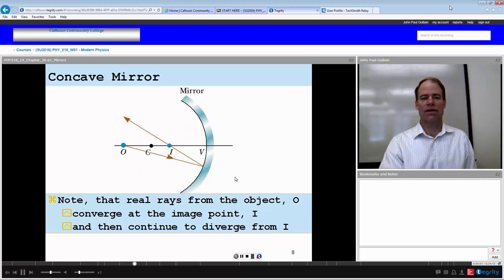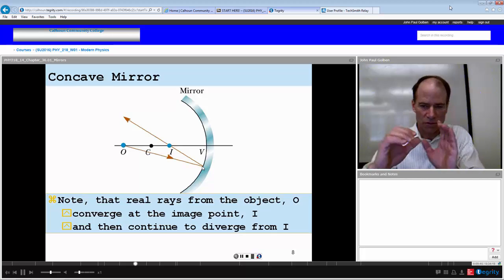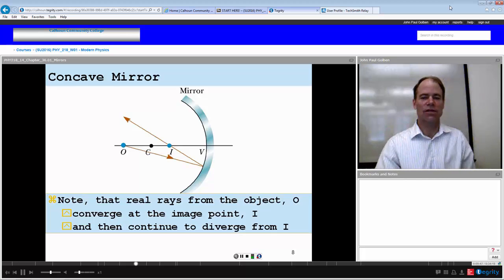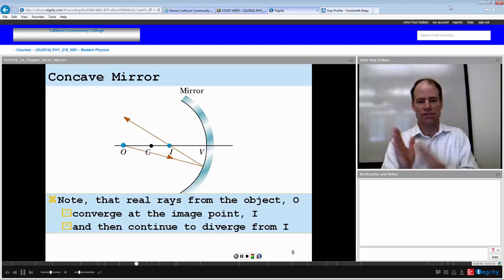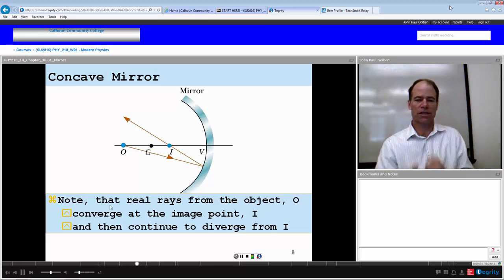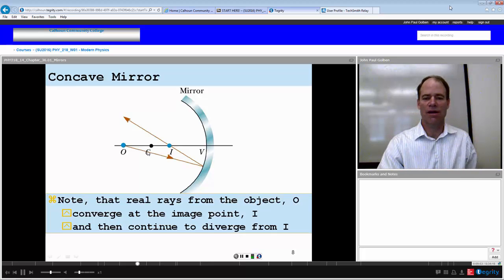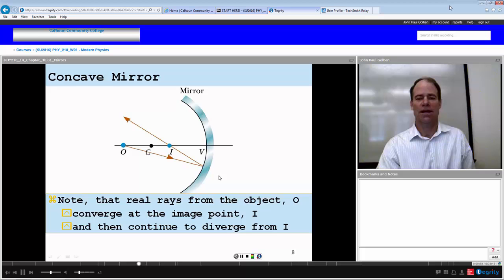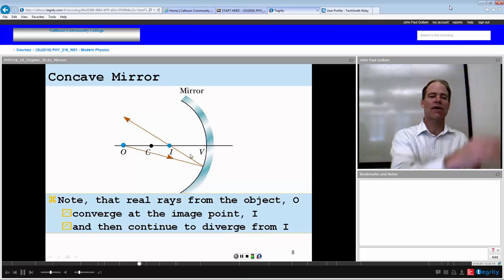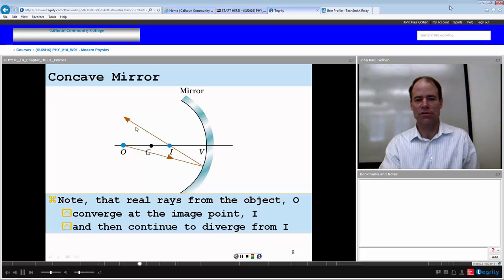Let's say we had another ray that hits down over here. Again, if I focus in real close locally on this mirrored surface, where it almost appears flat, I would see that the angle it comes in with is equal to the angle it goes out with. And so it comes out, also converging at point I and then diverging from there.